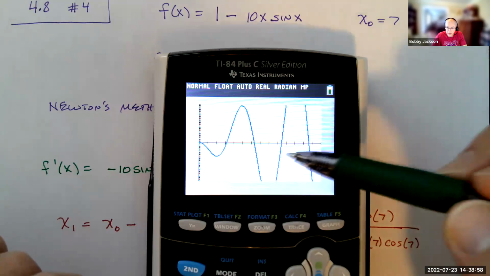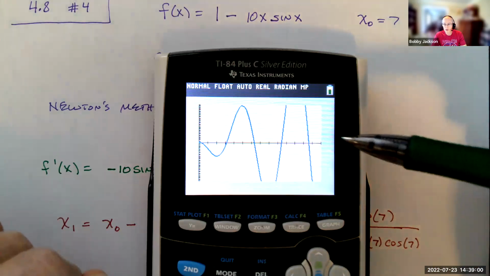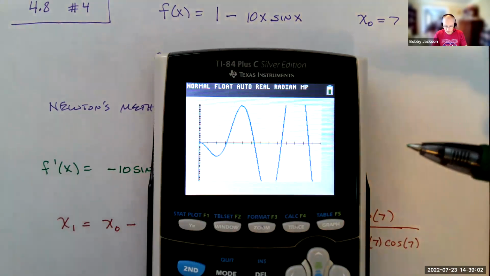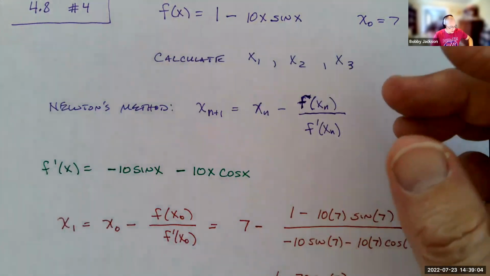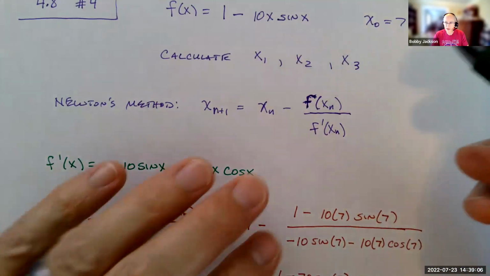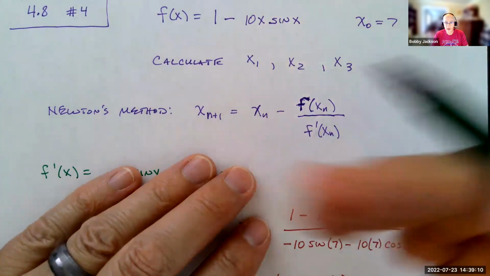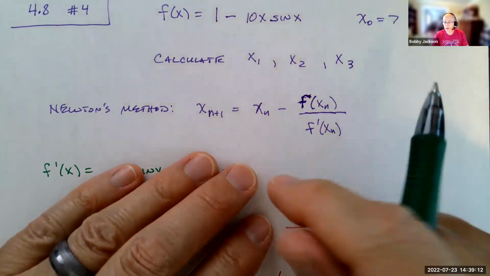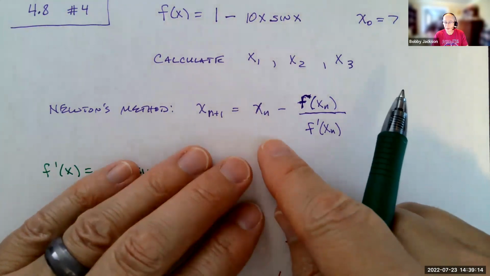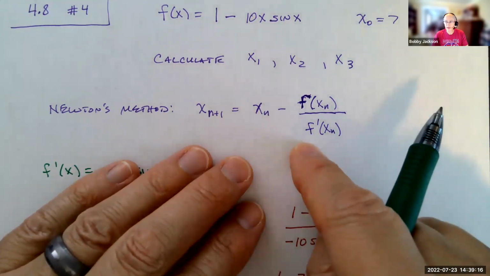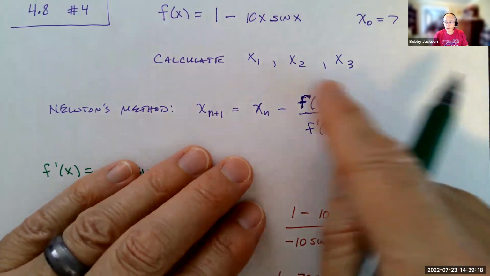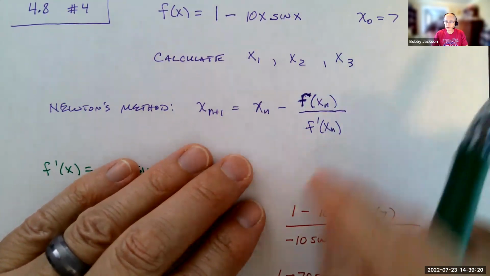So we're starting with x equals 7, and all we're going to do is give the first 3 estimates. Newton's method is a method for finding roots of a function, and also for solving equations, because you can set the equation equal to 0 and then find the roots. This is Newton's method. I will give that to you; you'll have that to use.